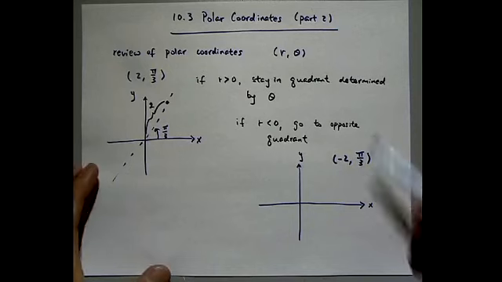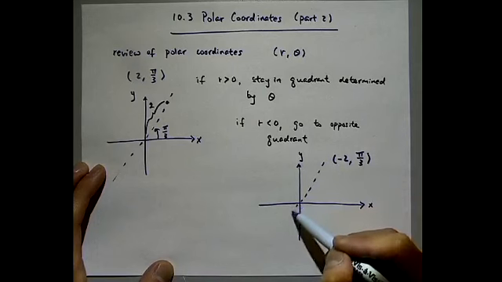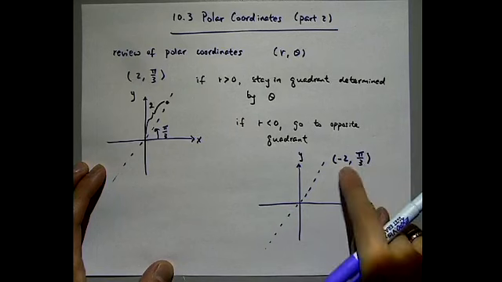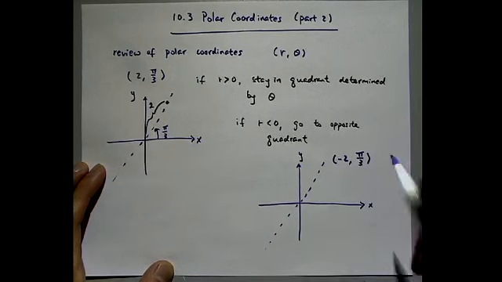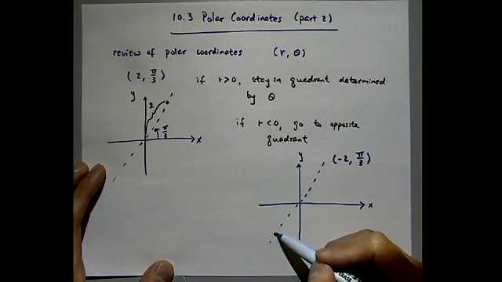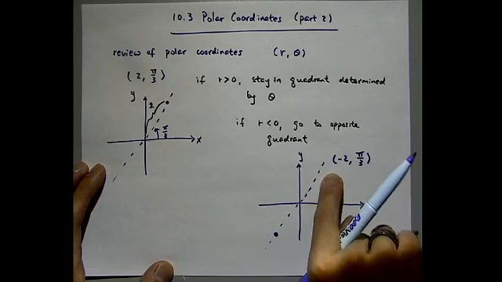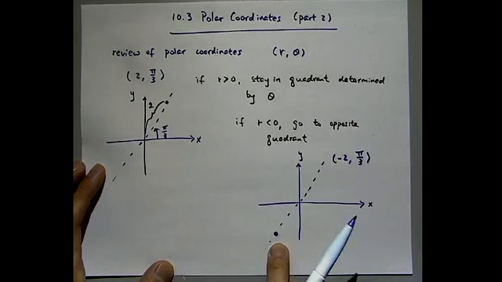Once again, we use the angle to tell us where we are to start. So here's my pi over 3, which puts me in the first quadrant, but a negative r means I go into the opposite quadrant. So I go over here. I start here. Positive r puts me in the first quadrant. Negative r, I go backwards, which puts me in the third quadrant.